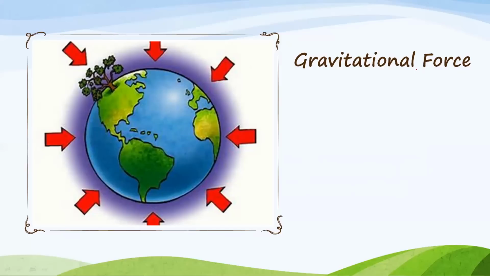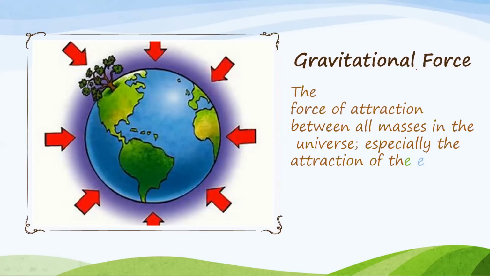It can exist between a planet and sun. It can exist between planets. It can exist between a planet and a satellite. So everywhere, any two objects in the universe will have a force of attraction. That force of attraction is known as gravitational force. So speciality of gravitational force, it does not require any direct contact. We know that Earth is not in direct touch with sun, but still there will be a force of attraction between the Earth and the sun.